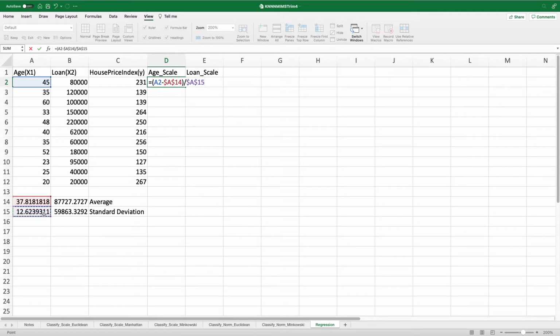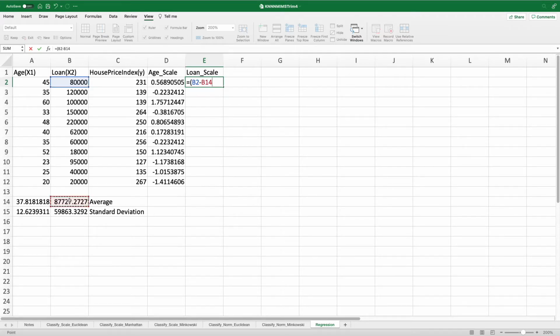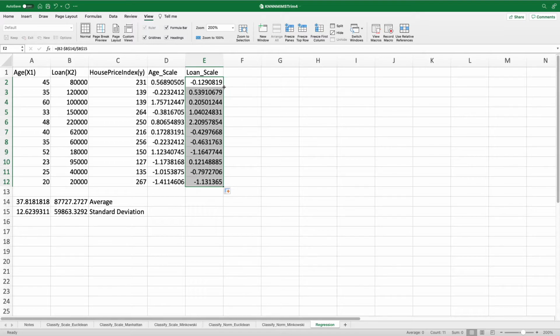X minus mean divided by standard deviation. So you can double click. Similarly, is equal to open bracket loan amount minus average of loan, the average needs to be fixed, divided by standard deviation, the standard deviation needs to be fixed. X minus mean divided by standard deviation, and you double click the formula.